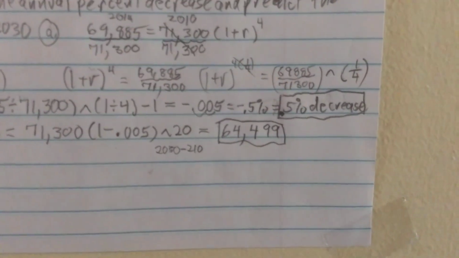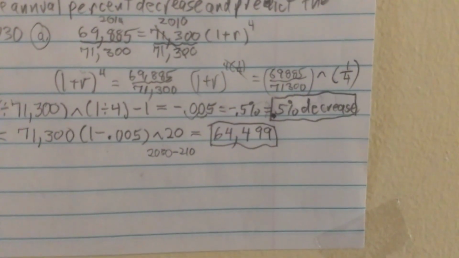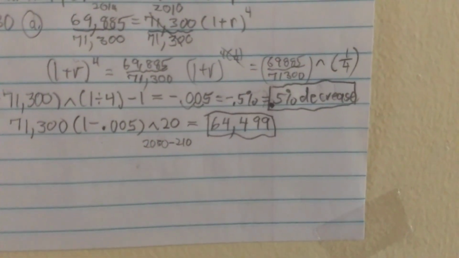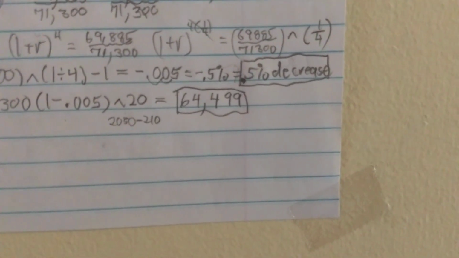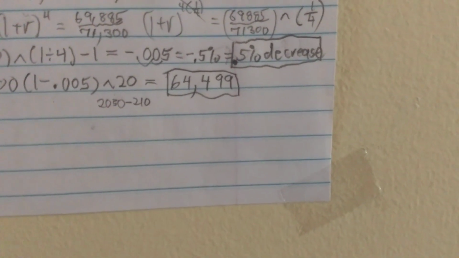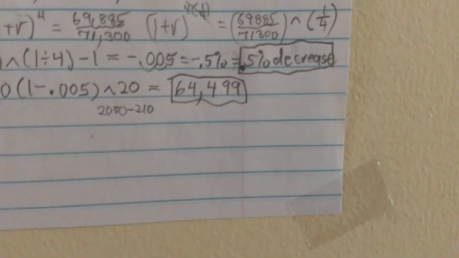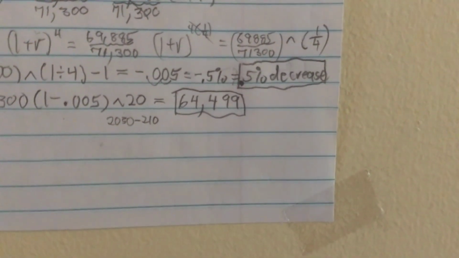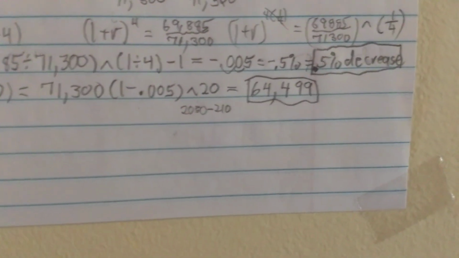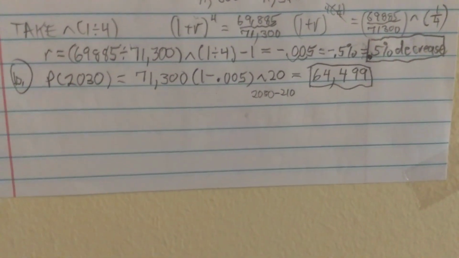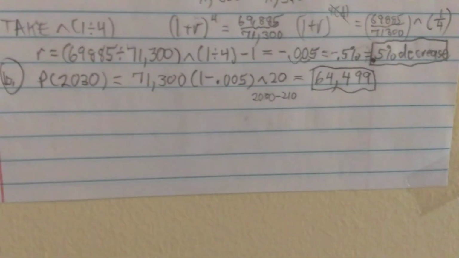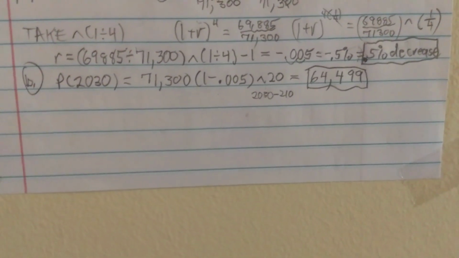So up there, I'm taking 1 plus r to the 4th times the 1/4 power, which cancels that and gives us the 1st power. So then I get 69,885 over 71,300 in parentheses to the 1/4. And what that gives me is 1 plus r, so I still have to subtract the 1 from the other side.